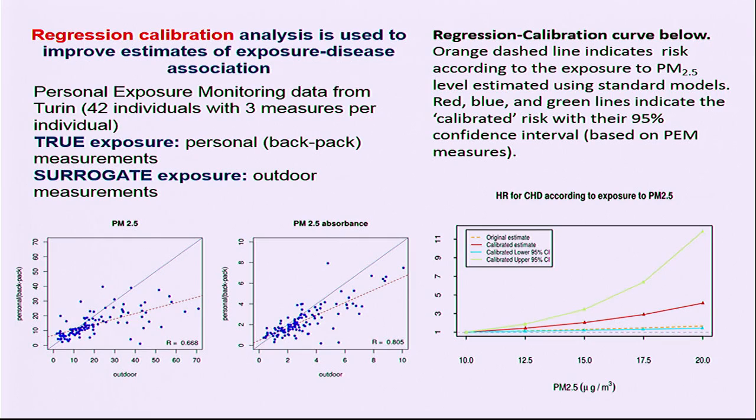So there is a statistical approach called regression calibration, where you can adjust for the attenuation or measurement error due to the surrogate exposure measurement, which is the one usually included in epidemiology, and see whether the association with disease becomes stronger. And this is what we find in relation to cardiovascular diseases. The dotted line is without calibration.